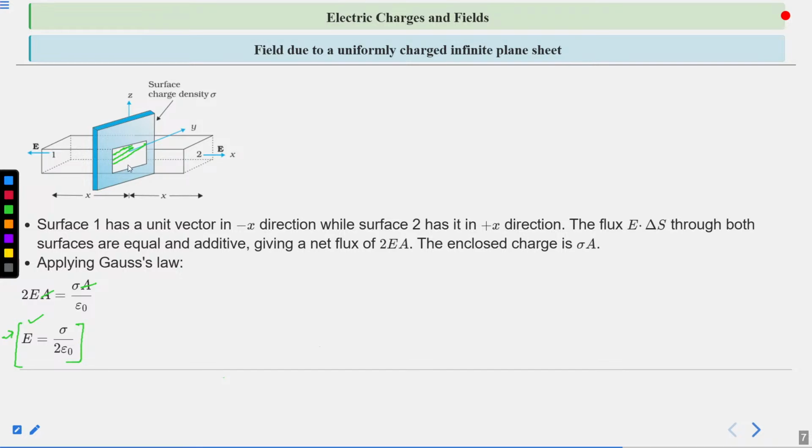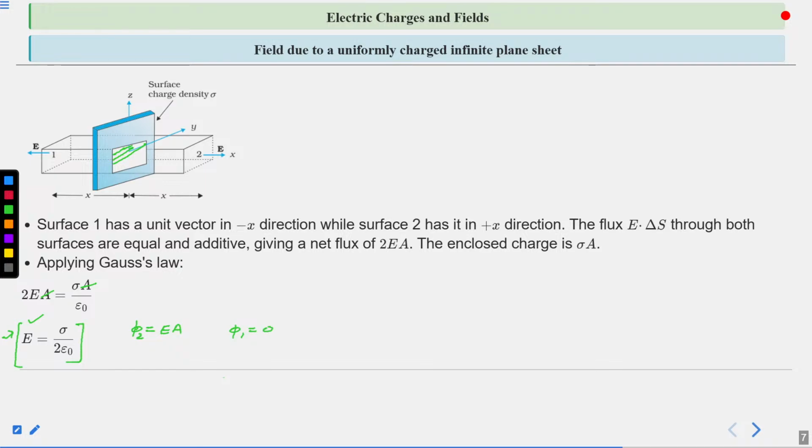If there is only one face, the flux passing through due to this second face is phi equal to EA, because this is the flux through the second surface. And what is the flux through the first surface? Zero, because there is an absence of charge.